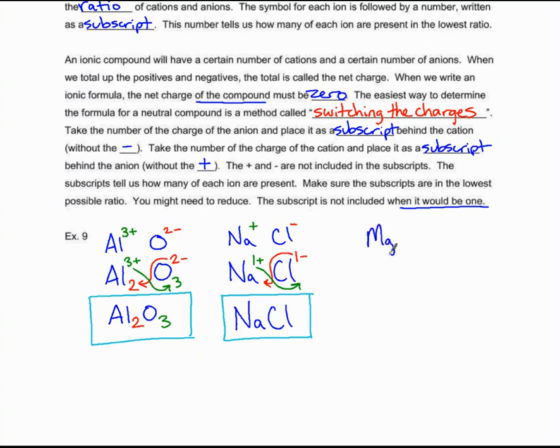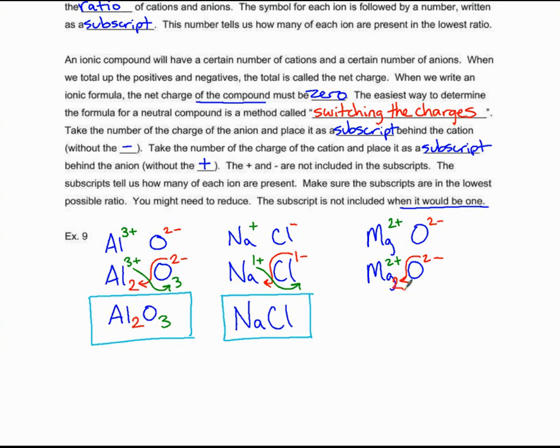Next, we're going to look at a compound that comes from magnesium and oxygen. So magnesium is in group 2. It's going to form an ion with a +2 charge. And oxygen is in group 16. It's going to end up with a -2 charge. All right, so same idea, 2 plus, 2 minus. So we take the number of the charge of the anion and put it behind the cation.